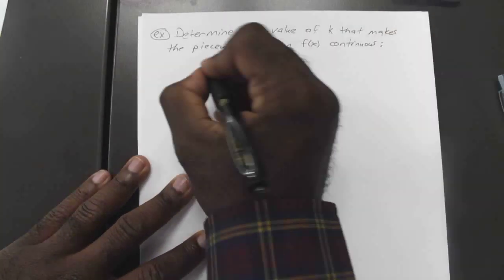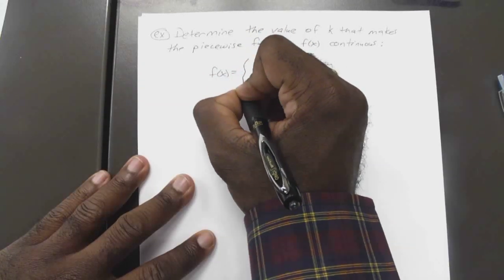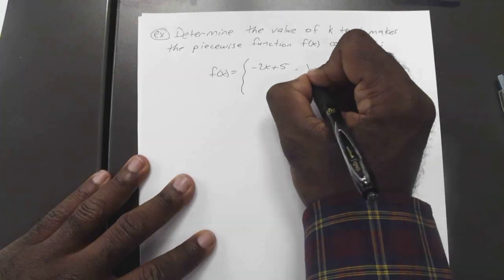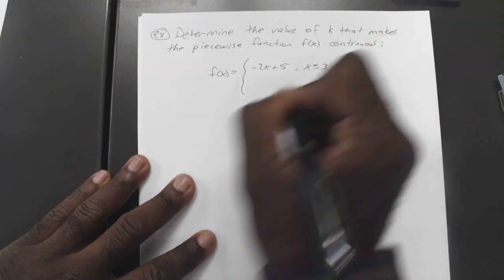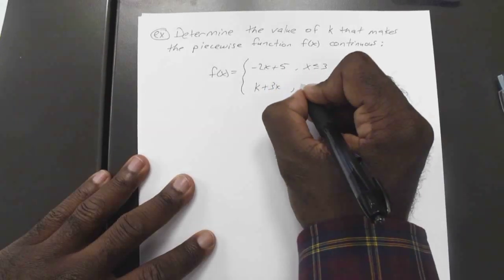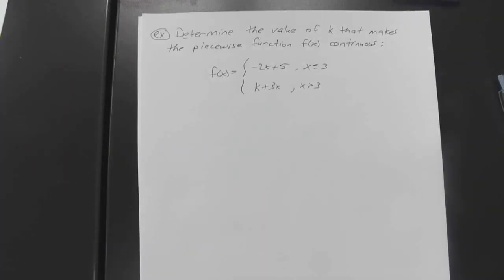Okay, and that's for our f of x equals -2x plus 5 for x is less than or equal to 3, and k plus 3x for x is greater than 3. Okay, so only one value would make that continuous, and we have to find it.